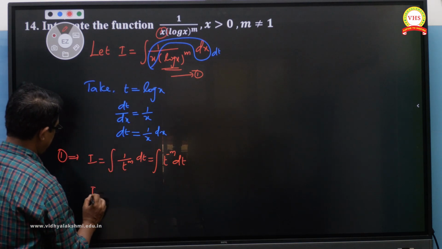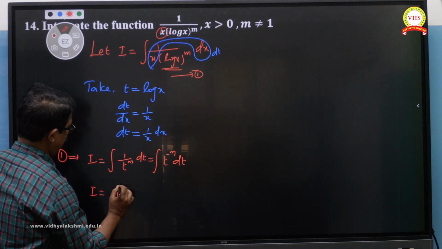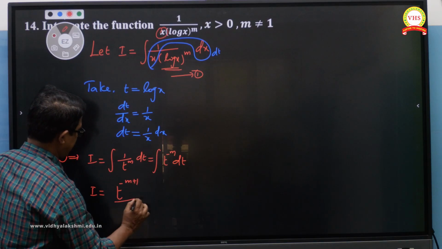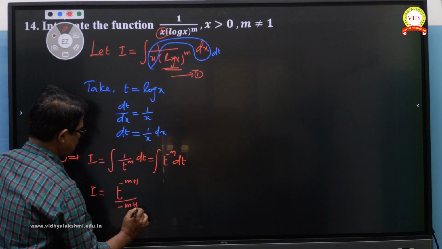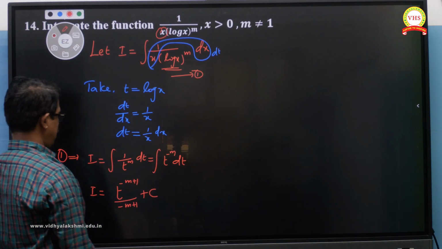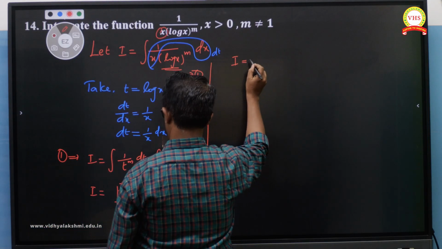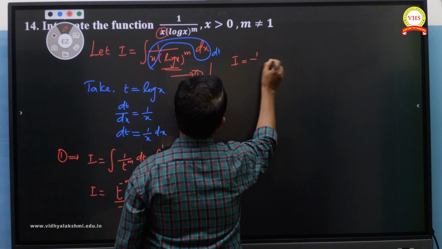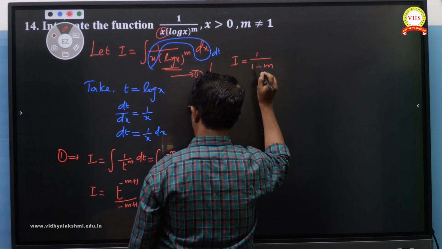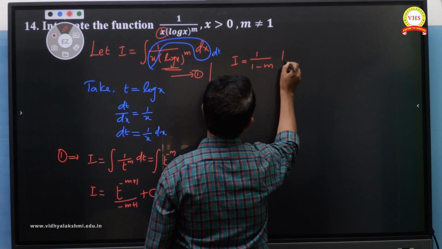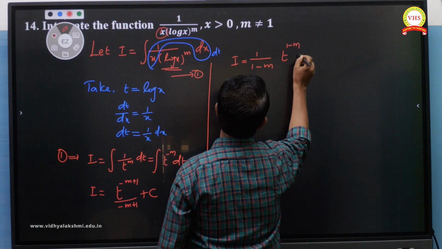Now apply the x power n formula: t to the power of minus m plus 1 divided by minus m plus 1, plus c. Now rewrite: I equal to 1 by (1 minus m) into t to the power of 1 minus m plus c.